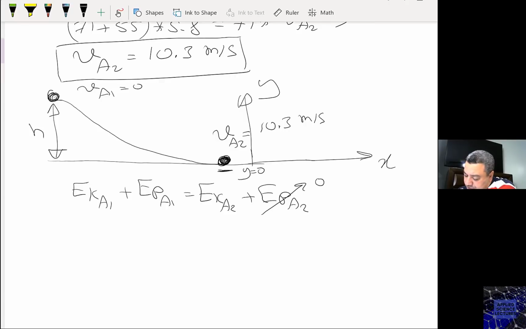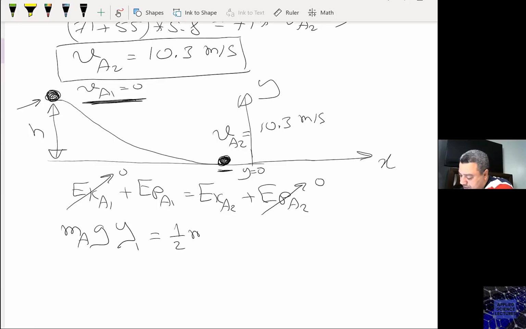The kinetic energy right here, because the speed is 0, is 0. So I ended up with EPA1, which is M A G Y1, equals half MA VA2 squared.